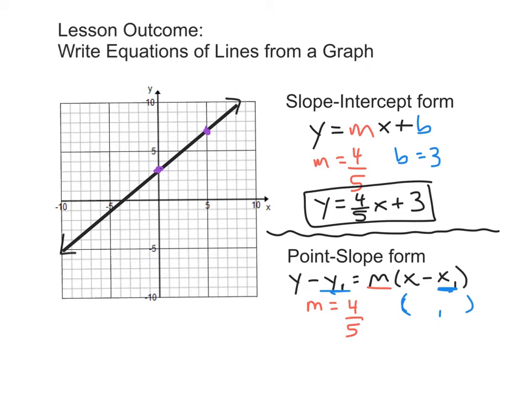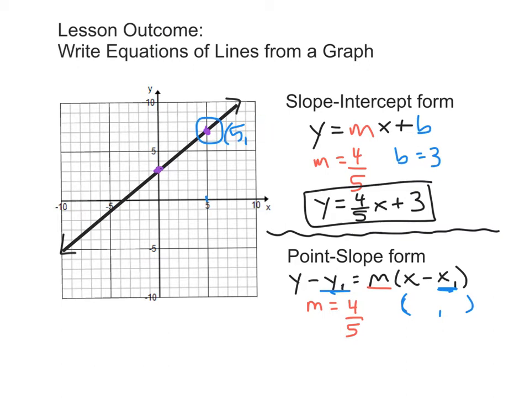Now, what we need to do next is find our point x1 and y1. What I'm going to use is this point right here. We've already put it on our graph. Oh, sorry, let's back up. It is not 5, 4. My bad, I apologize.